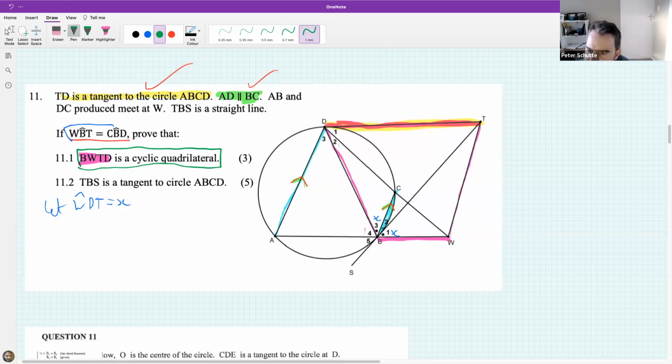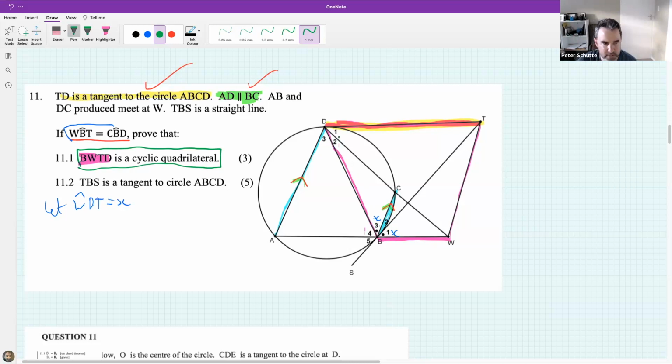B3 equals D2. I don't know what your reason would be. I don't think that's the case. B3 equals D2, angles in the same segment? I don't know if I would say that, because here's that one and here's that one. That's not angles in the same segment to me.